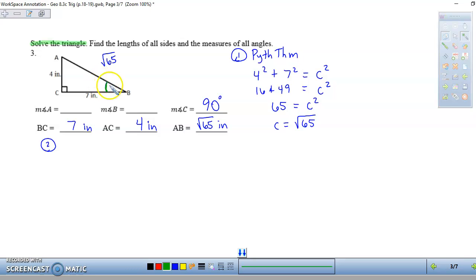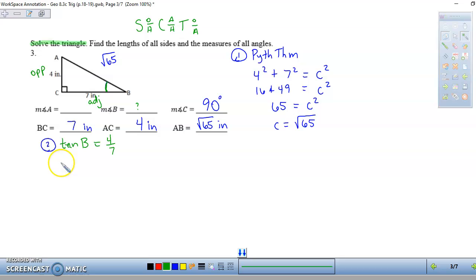So if I'm looking for angle B, so I'm looking for this guy, I'm going to label the sides. So the 4 is opposite and the 7 is adjacent. And then you see SOHCAHTOA at the top, but I'll write it here as well. So SOHCAHTOA, opposite adjacent means I'm using tangent. So I would set up tangent B, I don't know the angle, is equal to 4 over 7.